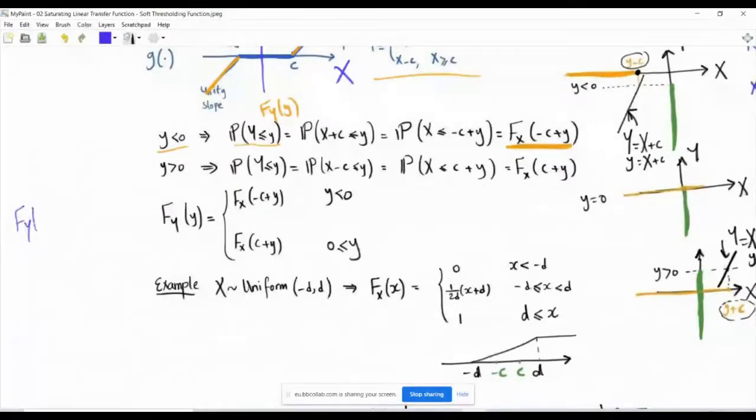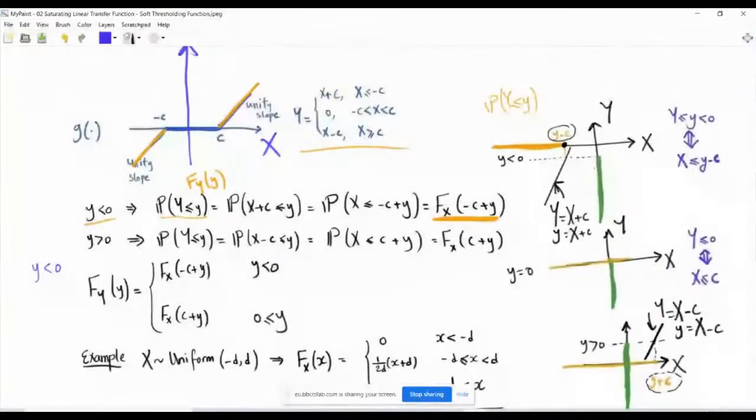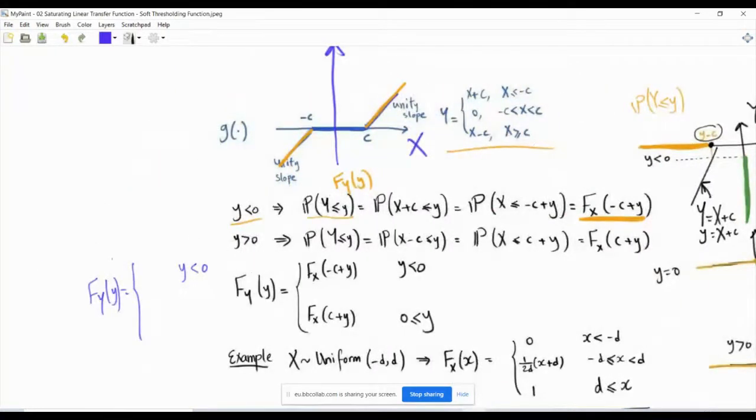If y is negative, then if big Y is less than or equal to small y, it must be the case that big X is less than or equal to small y minus c. So here we have F_X of y minus c, and if y is greater than 0, you'll find this is F_X of y plus c.